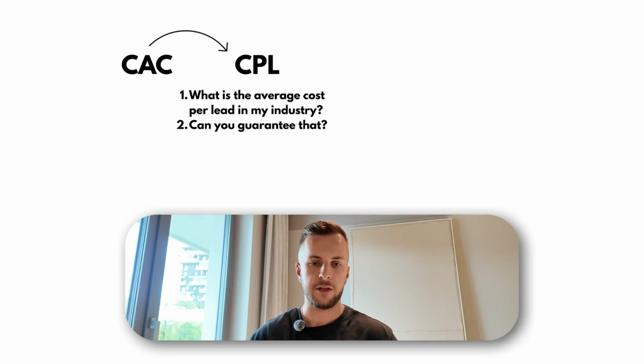The second question you can ask is, can you guarantee that? If they tell you the average cost per lead to get a homeowner looking for AV or a smart home system is $100, ask: can you guarantee that if I spend 1K, you're going to deliver 10 leads? If not, there is probably something wrong.